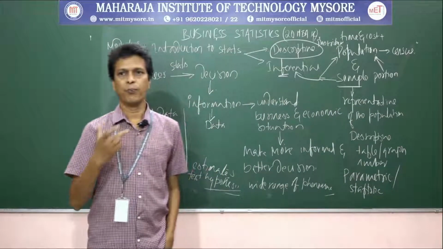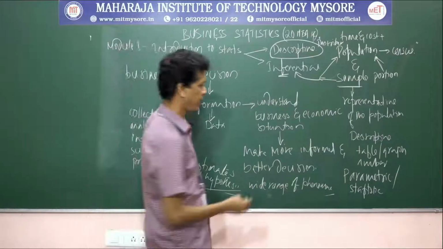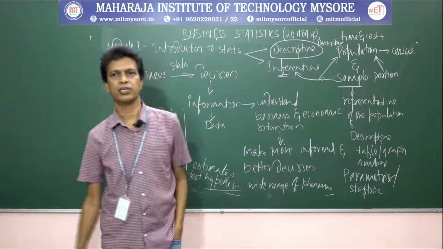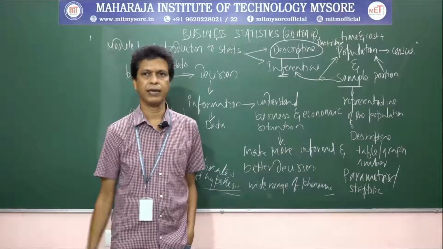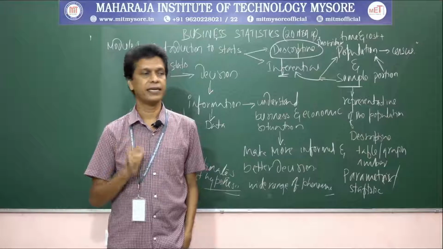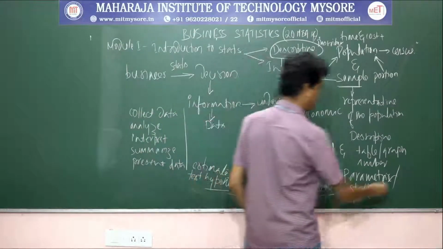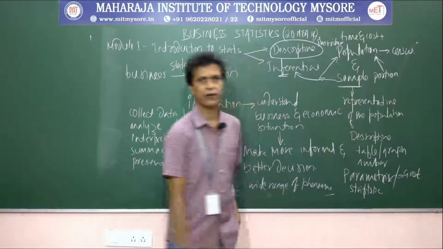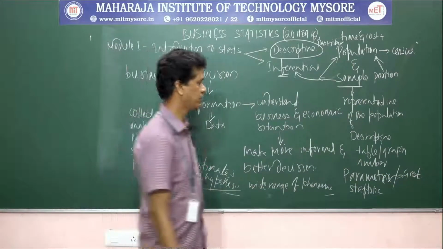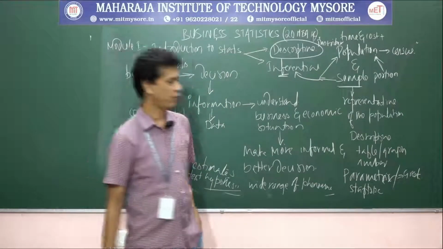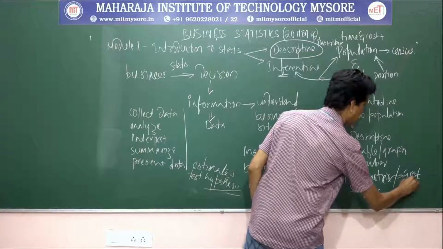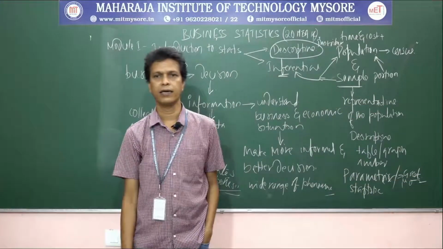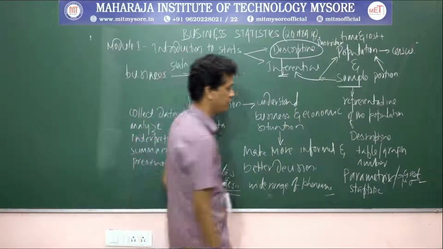A descriptive measure of a population is called a parameter. Parameters are usually denoted by Greek letters. For example, the population mean is mu, the population variance is sigma square, and the population standard deviation is sigma.